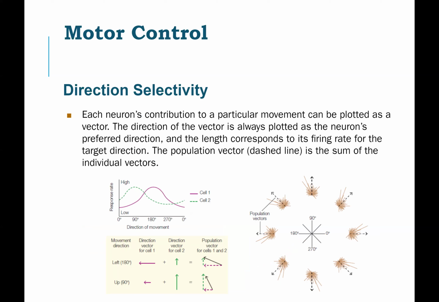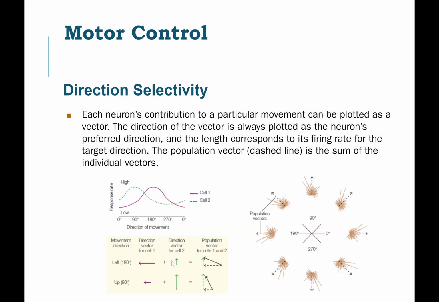Now, what if we want to actually plan a movement, right? Knowing that there are different cells that are maximally active in different directions of movement, how would that population of cells code for a movement in a certain direction? Well, let's say these are two different cells, one of them is coding for the upward movement, another one is coding for the leftward movement.